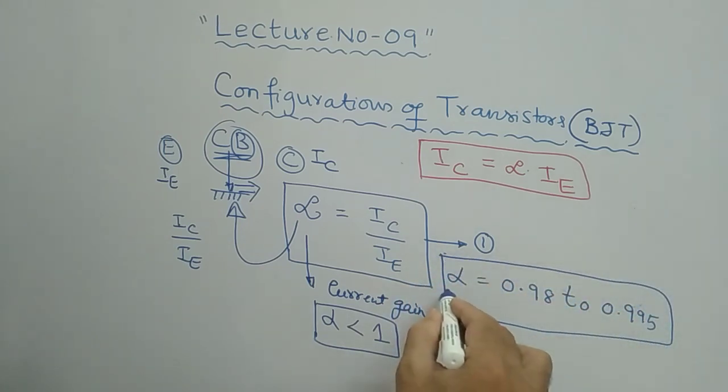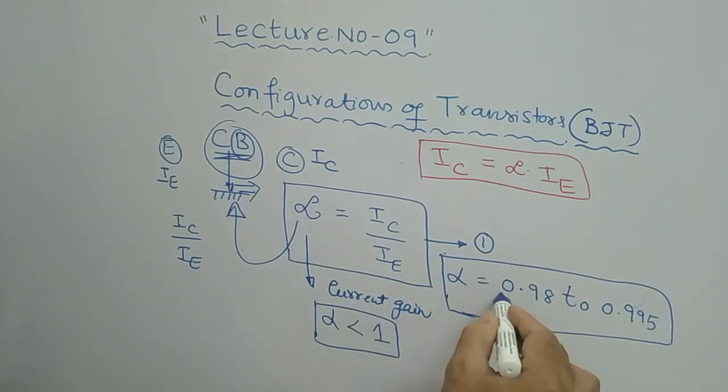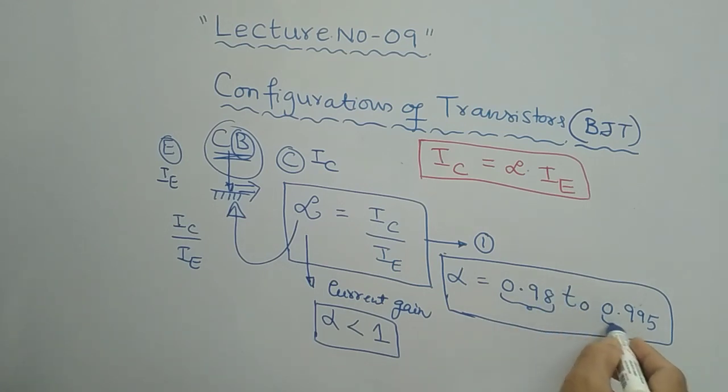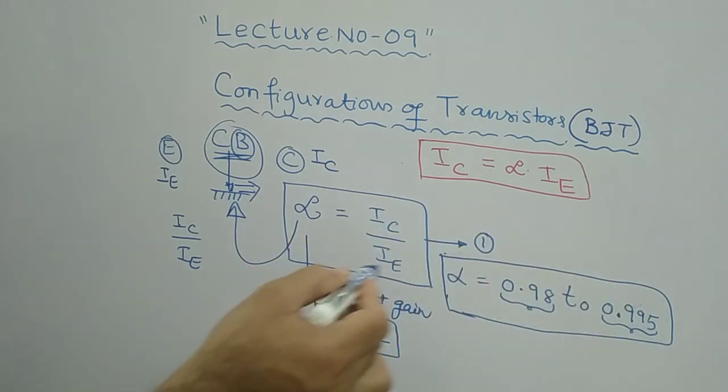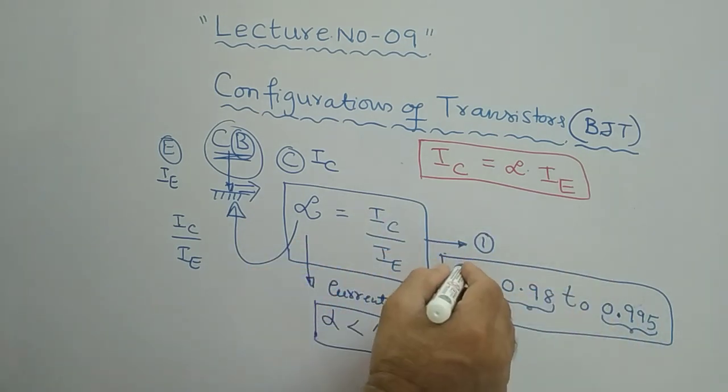In some textbooks, they may give you 0.95, no problem, nothing wrong in it. So 0.95 to 0.995, or sometimes 0.98 to 0.995. In either case, it is less than 1. The value of alpha is less than 1.